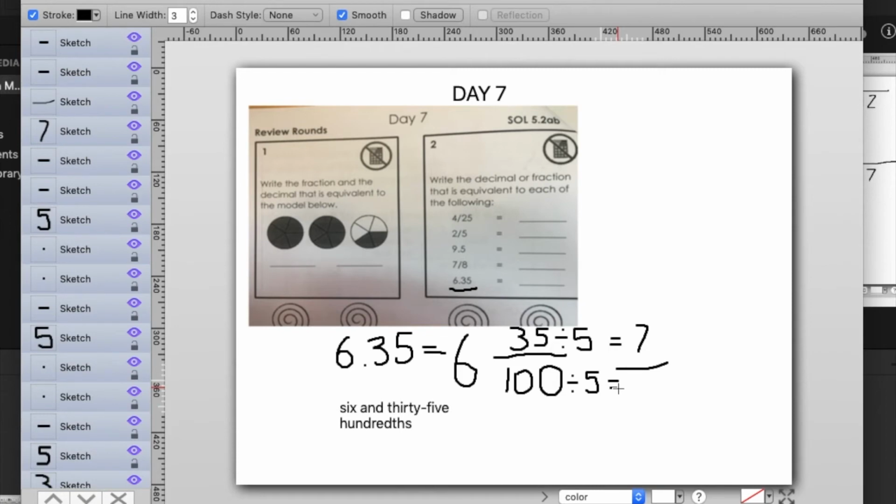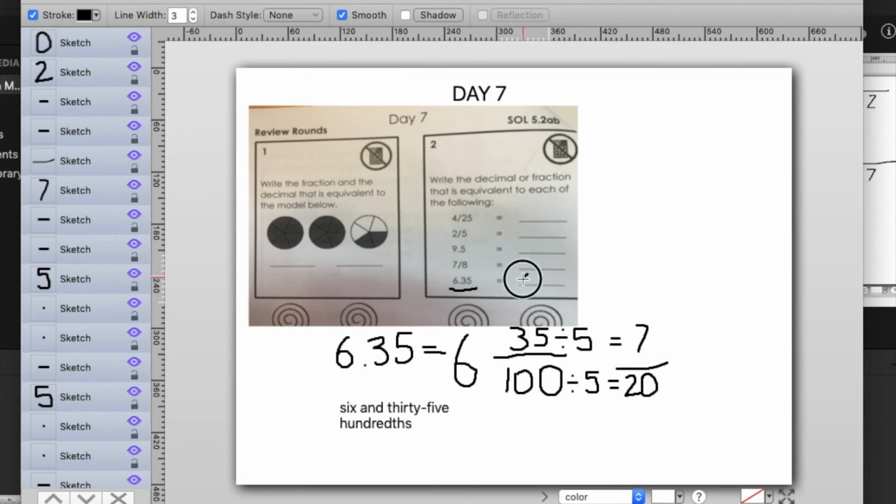See what you get. If you said 20, you are correct. So now, for my final problem in number 2, I've figured out that the fraction equivalent is 6 and 7/20. And I know it's the most simplified version because 7 and 20 do not have a number that they have in common.